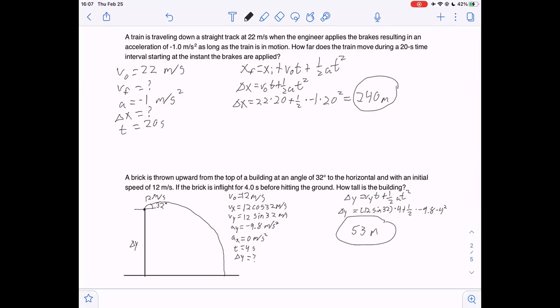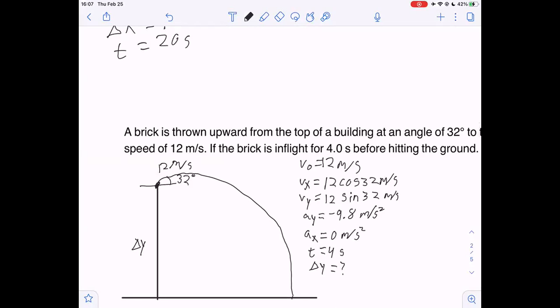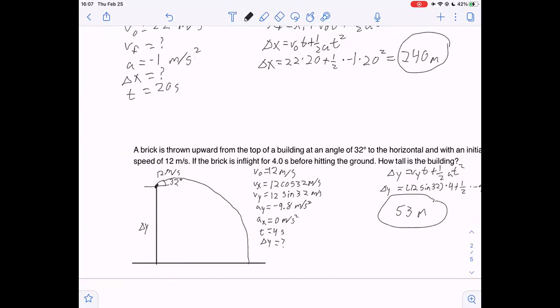Okay, so whenever you put it in your calculator, where the person is standing is where we have our origin set, just because that's where the angle's coming from. So because that is our origin, the brick is actually falling 53 meters below the origin, which is why we're getting a negative. But for the question, it's just asking how tall the building is.